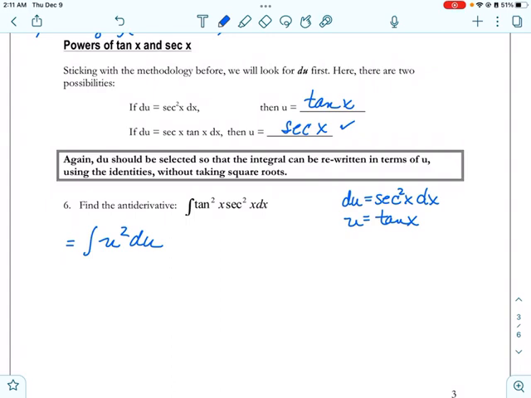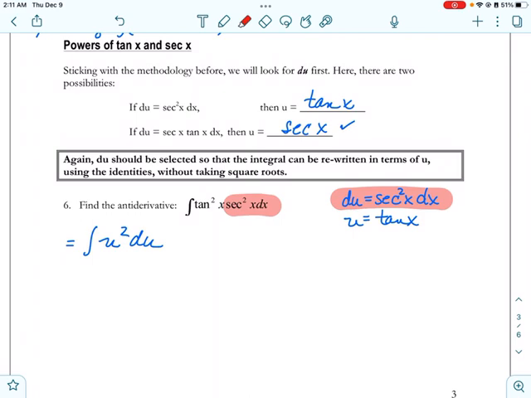Okay, so what we're going to do then is, again, du should be selected so that the integral can be rewritten in terms of u using the identities without taking square roots. You don't want to take square roots. So we start off pretty easy, and I look and I see that I have a secant squared here. So I'm going to state my du is secant squared.